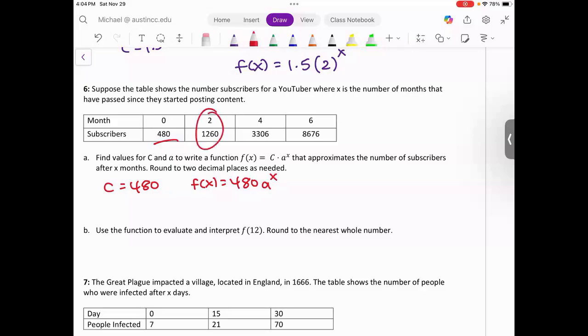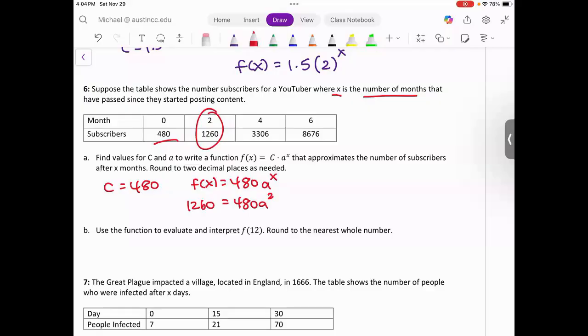So we'll use another ordered pair, 2 and 1260. 2 is our x. x is the number of months. So that means our subscribers is 1260. So 1260 equals 480 times a squared.